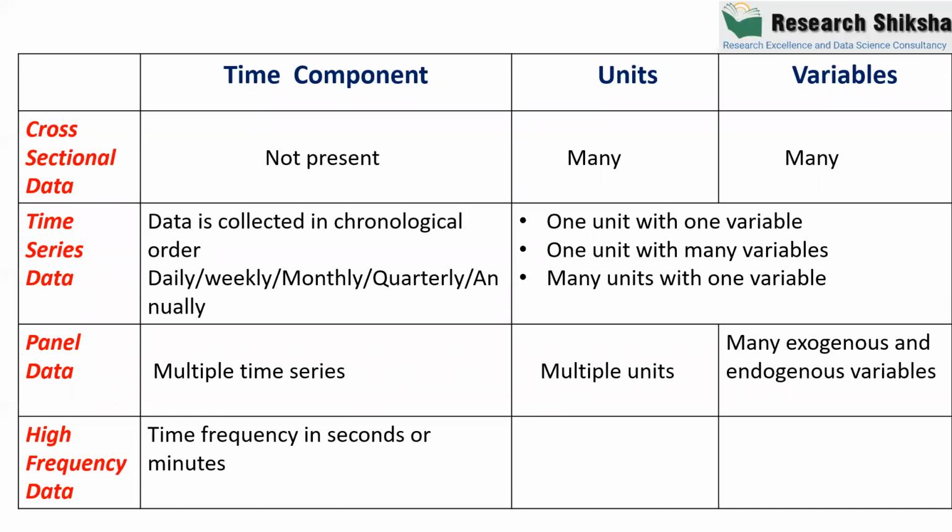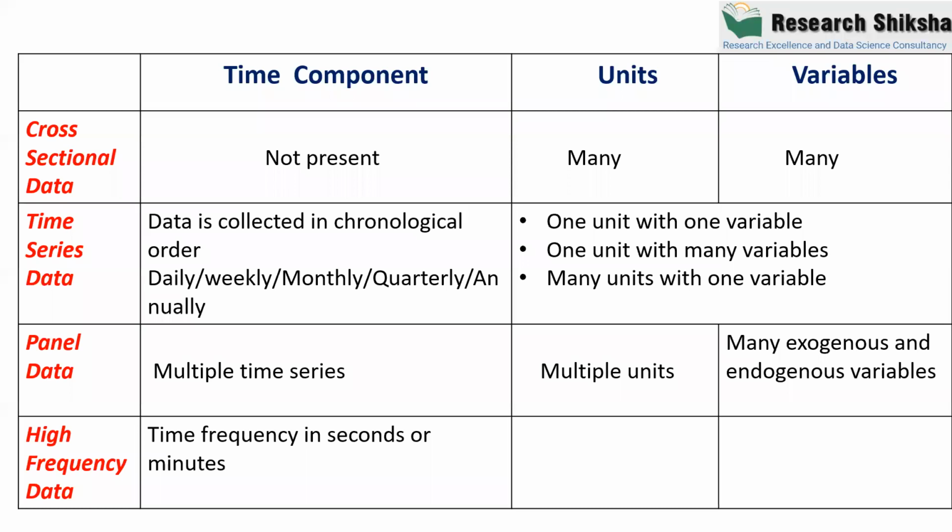In this case, you will collect the data of 50 companies, so it means 50 units, and you will collect the data of many variables like debt equity ratio, return on equity, or market capitalization. So there are many variables in the data set, and it is annual data, so we may have a 10 years data set or 20 years data set.